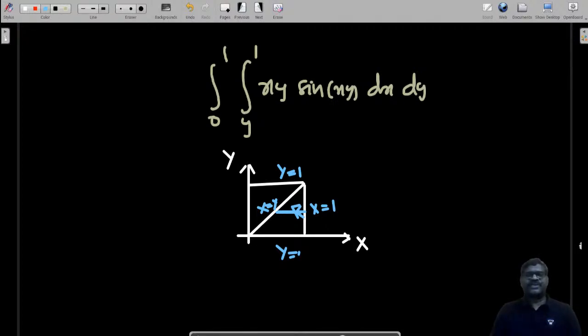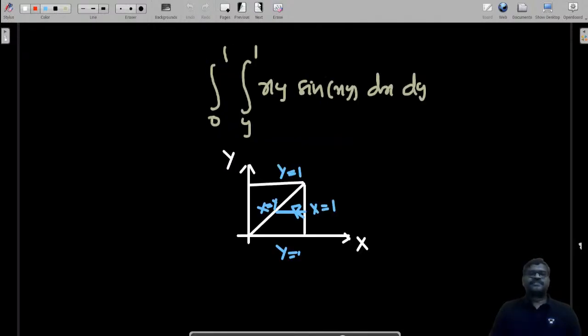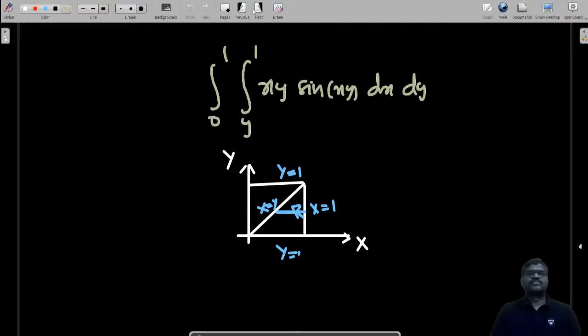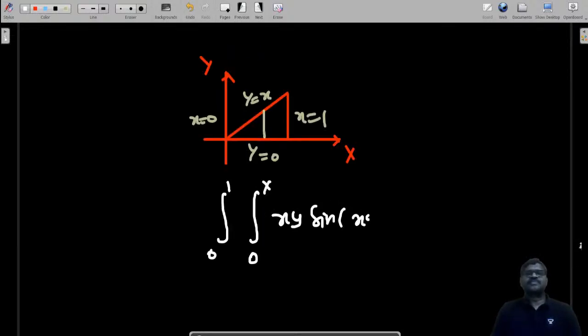We have to change the order of integration. y equal to 0, y equal to x. x equal to 0, x equal to 1. xy sin xy, dy dx.